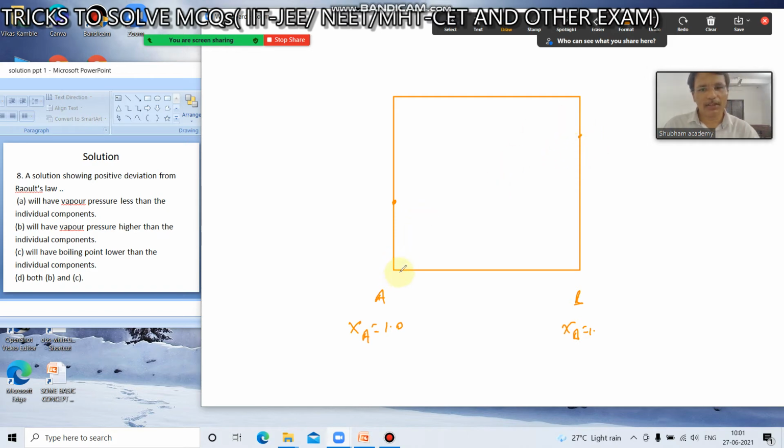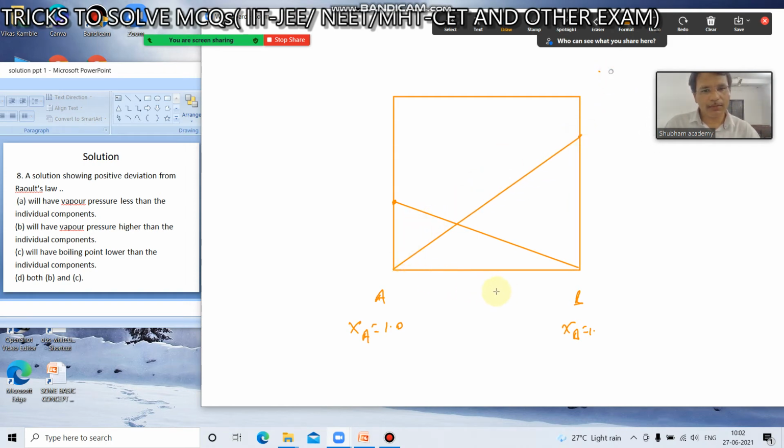If we plot the vapor pressure of the individual components, we'll get this line for A, and the vapor pressure of the individual B we can plot here.